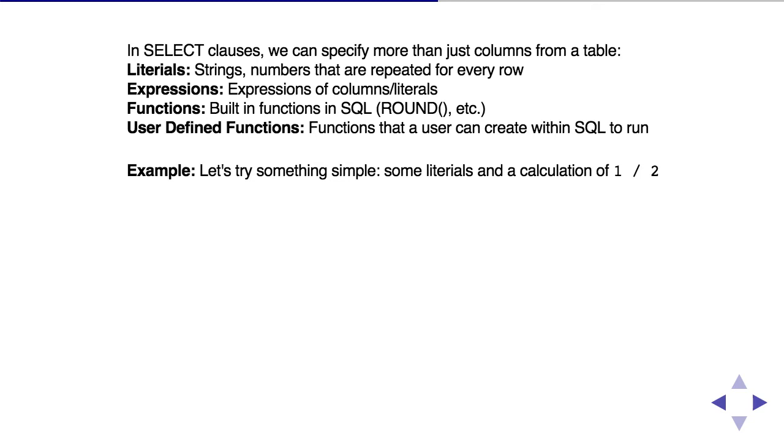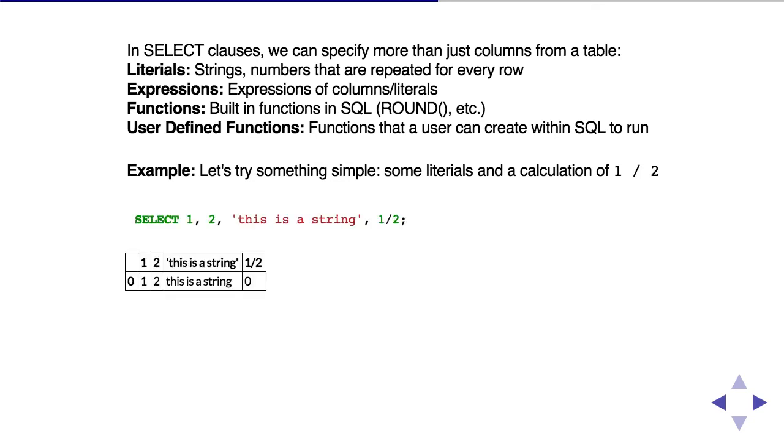For instance, let's try some literals and the calculation of 1/2. Select 1, 2, and that string gives you the data back again. But notice there, 1 divided by 2 gives you 0. This is because 1 and 2 are ints, so it always returns an int value.